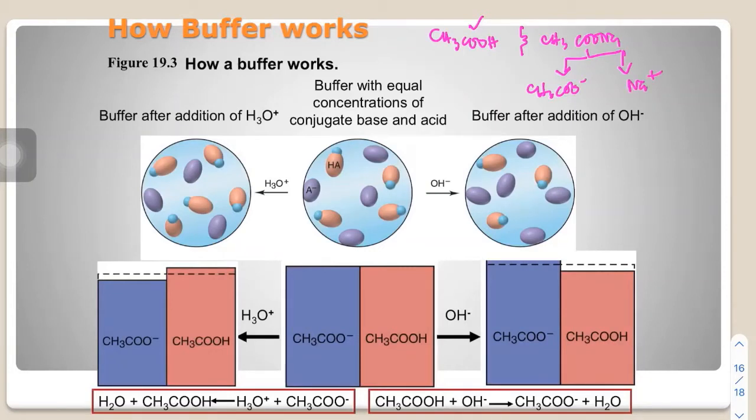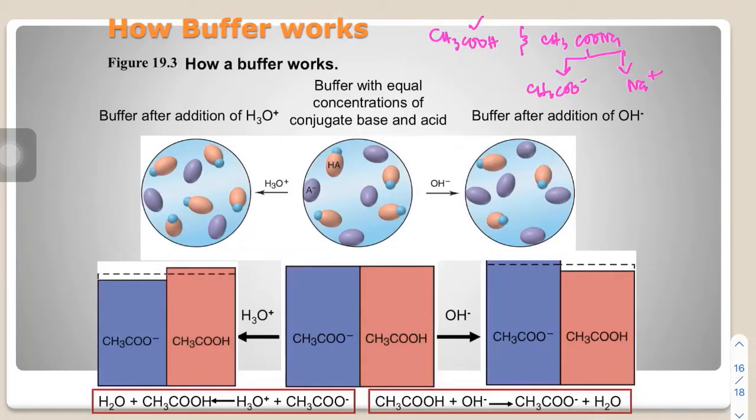And then in the buffer system, we have to identify what is the acid and what is the base in the system. So in this case, our acid is the acetic acid and the base is the acetate ion. This is our conjugate base.